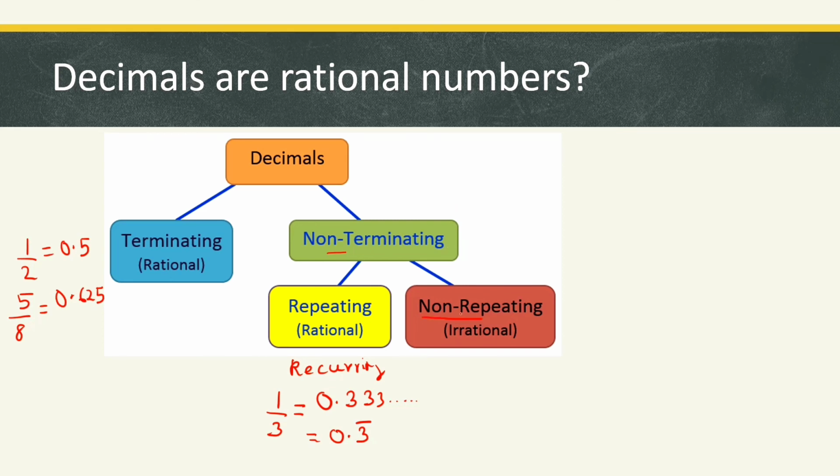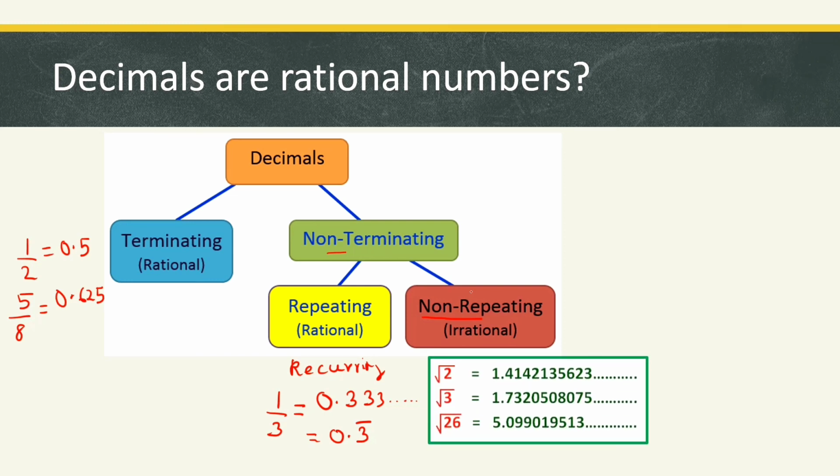Now let's see what these non-terminating but non-repeating decimals are. In this case, the decimal numbers do not repeat, but they do not terminate as well. For example, root 2. If you see here, after the decimal point, each number is different. There is no repeating pattern as such, and they do not terminate. There is no end to the decimal numbers which follow. Therefore, these decimals are called non-terminating, non-repeating decimals.